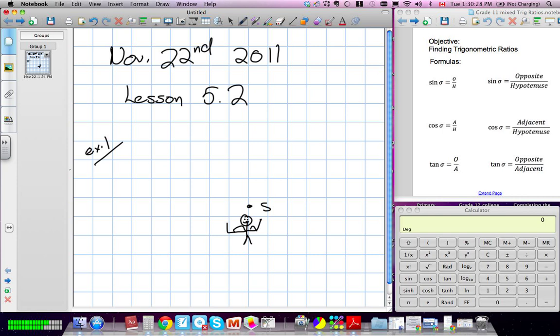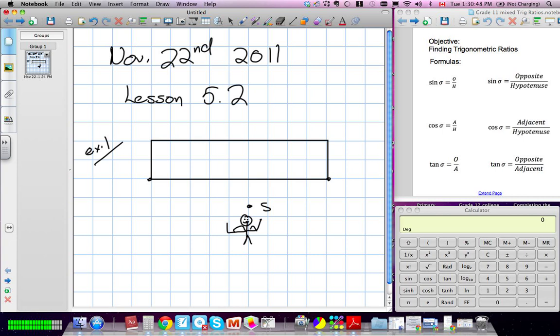So there's a rectangular lot he's facing, and there is a point A and a point B. Actually, let's flip it around. This is a rectangle right now. We have point A and B.